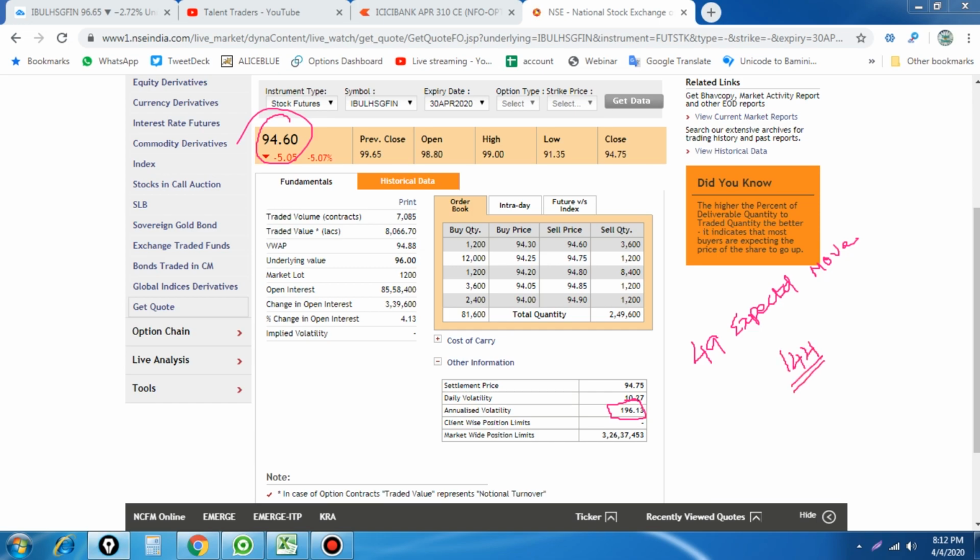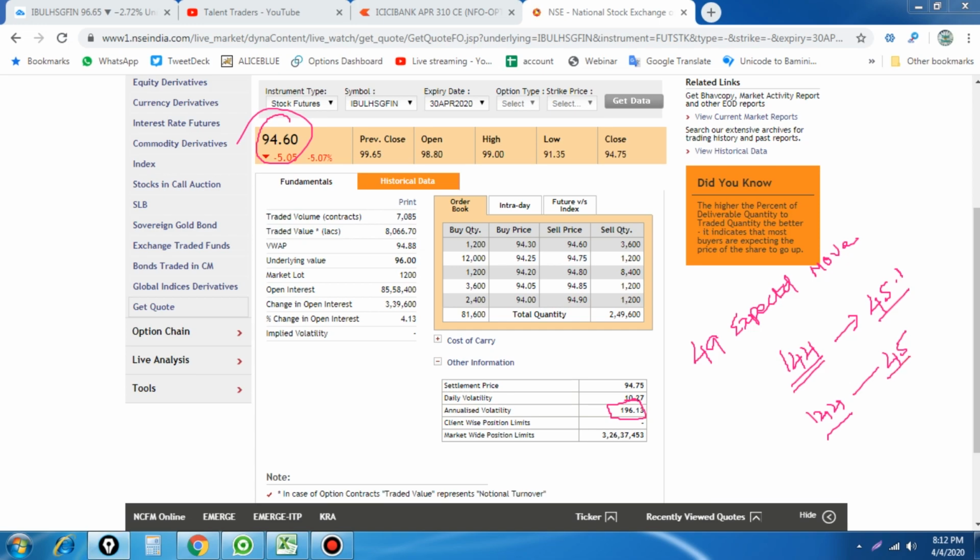That is the highest expected level, and if it comes to the lowest level, the stock will move down to almost 45.1. So we are expecting the stock will come to 45 or 144.